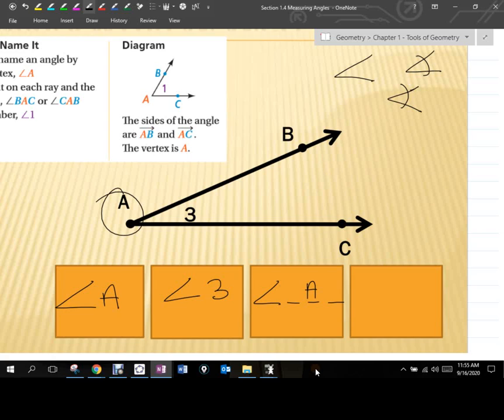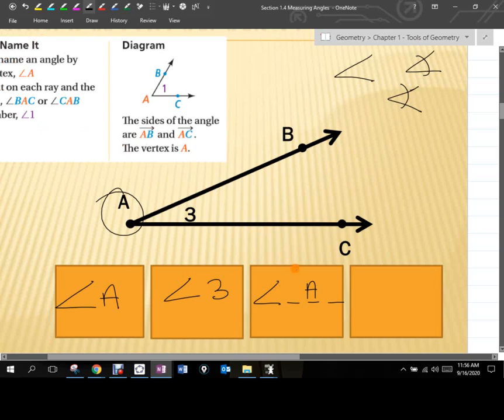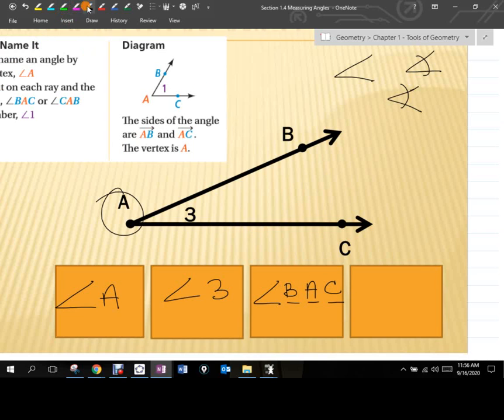Okay. And then the other 2 spots need to be points that are on the rays. So I need a point that is on that top ray, and I need a point that is on the bottom ray. So those 2 points that they identify for us are B and C, right? So B and C.